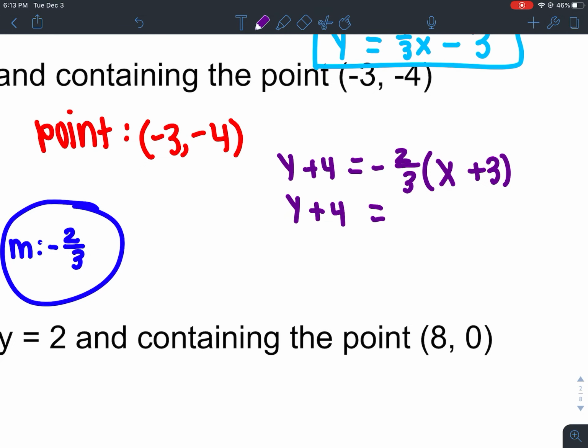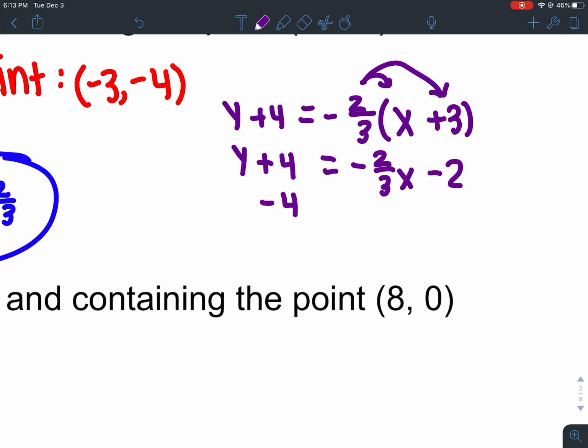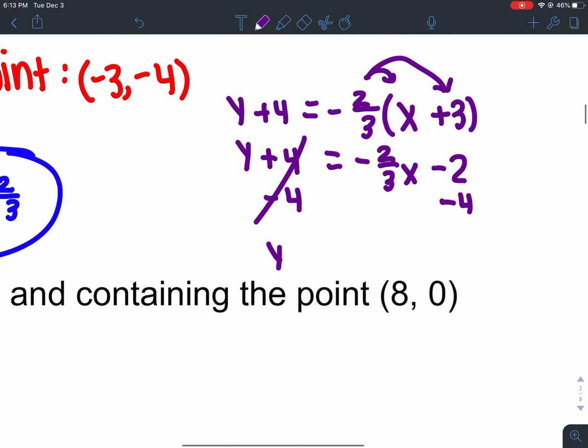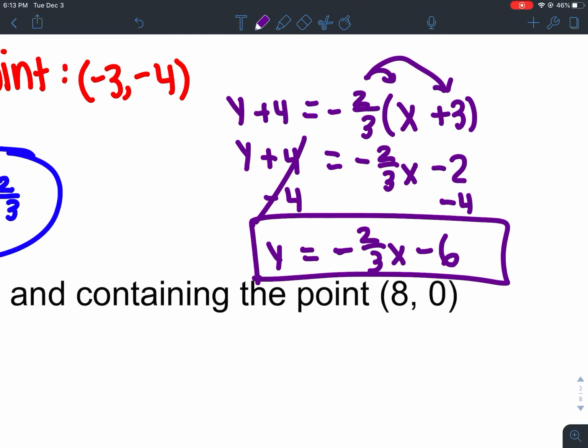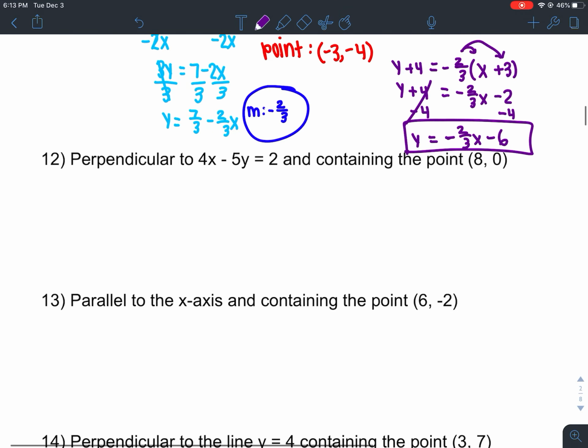The first thing I need to do is distribute -2/3 x here. -2/3 times 3 is going to be -2. And then I'm going to subtract 4 on both sides. I get y equals -2/3 x minus 6. So this is the equation of a line parallel to 2x plus 3y equals 7.